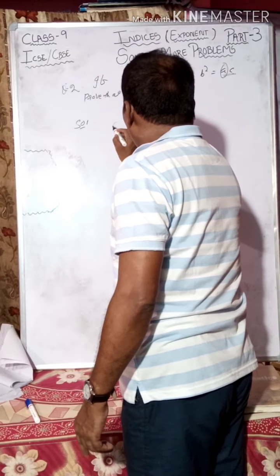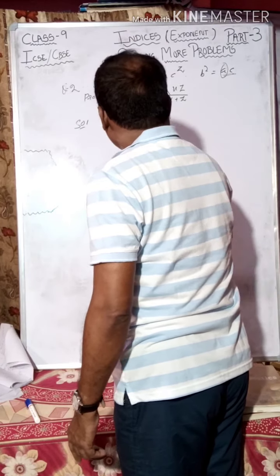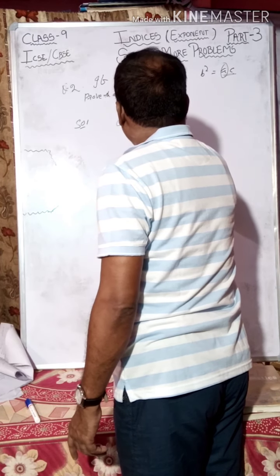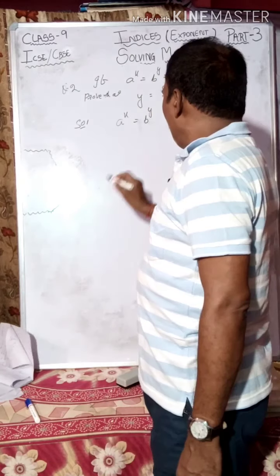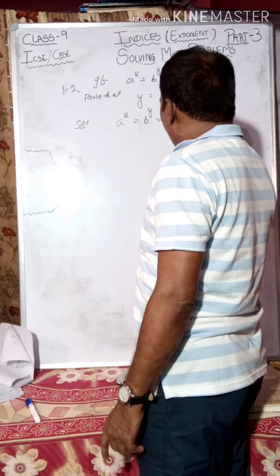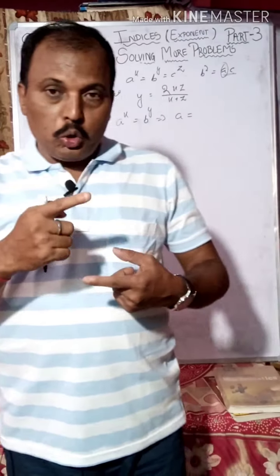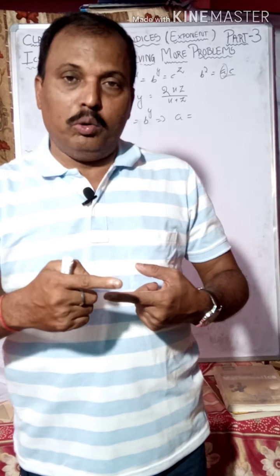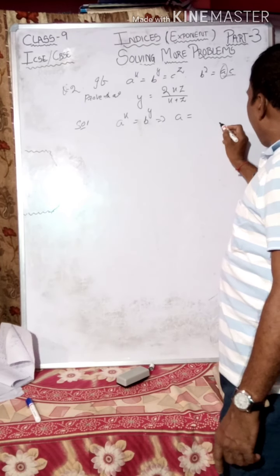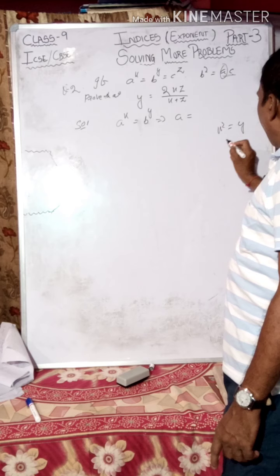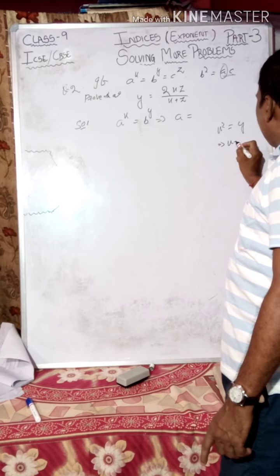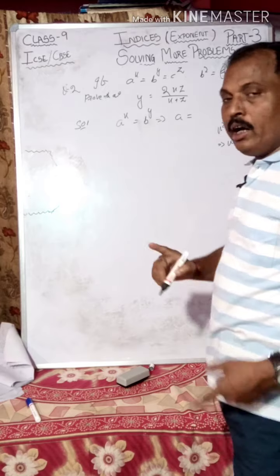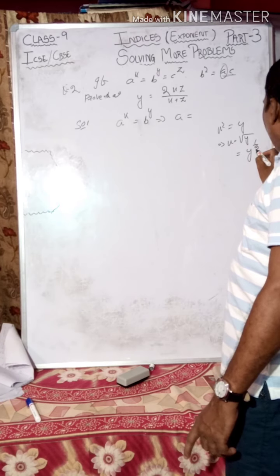Let a to the power x is equal to b to the power y. So what is a? If the square is omitted from the left side, on the right side we take the square root. Suppose x square is equal to y, which implies x is equal to the square root of y, that is y to the power 1 upon 2.